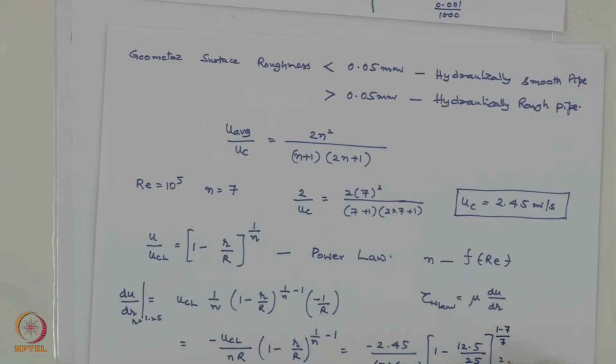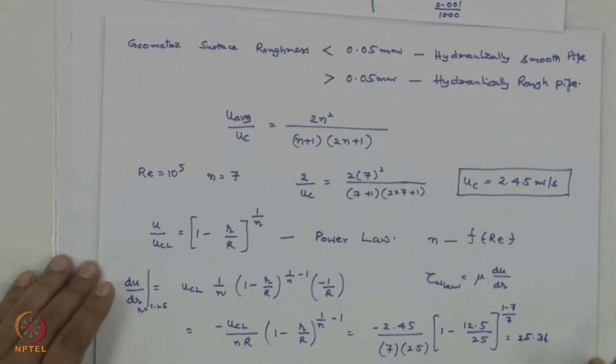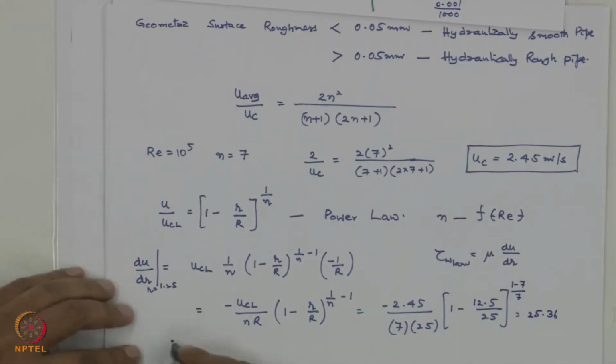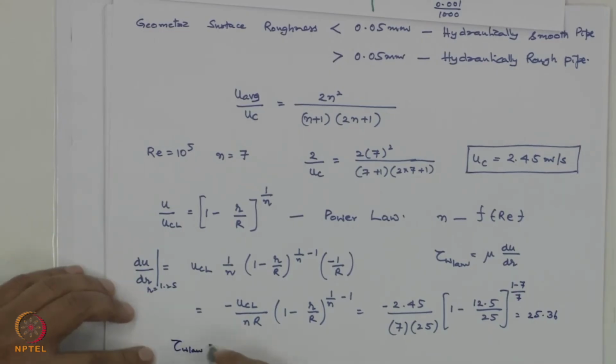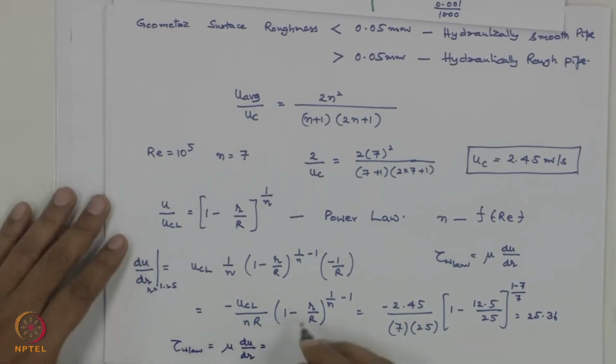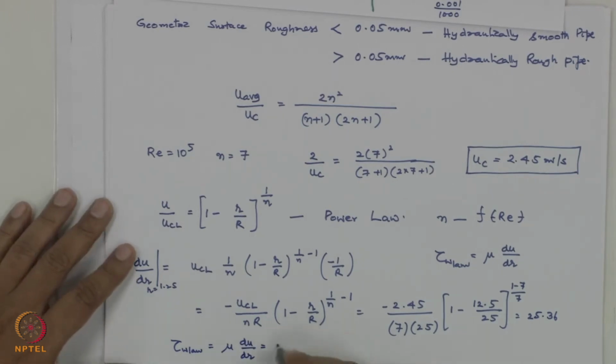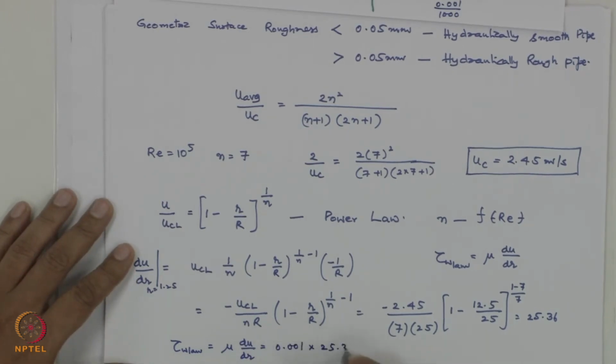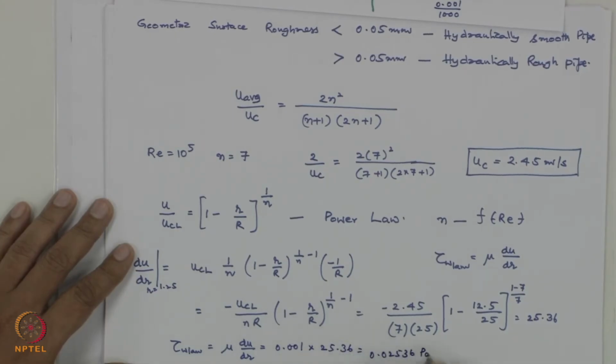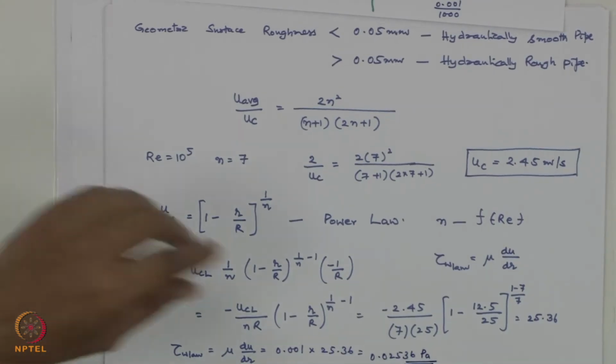You are going to get this as 25.36. So tau wall laminar equals mu du by dr, mu is 0.001 into 25.36, you get 0.02536 pascals, which is very small.